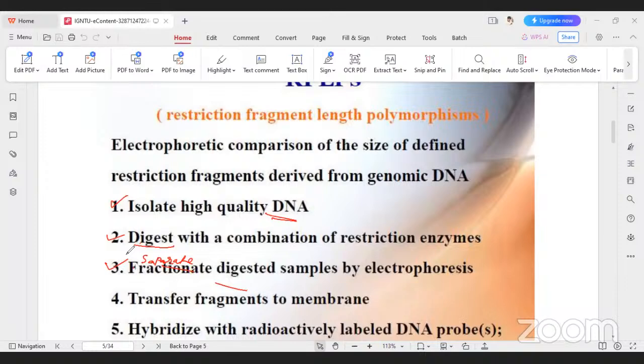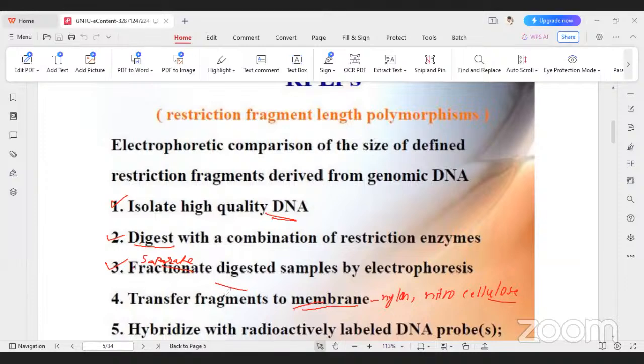Next, transfer the DNA fragments to a membrane, which is made of nylon or nitrocellulose.